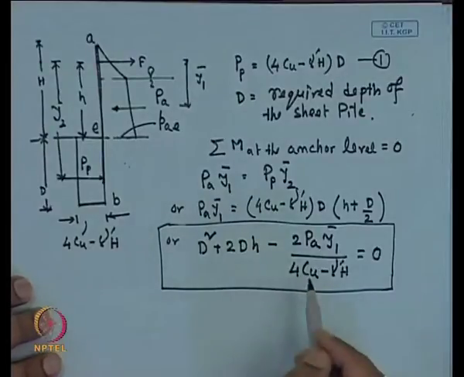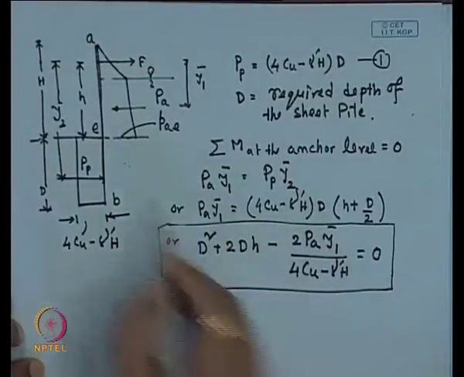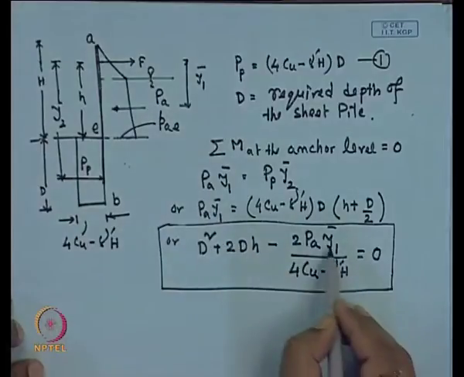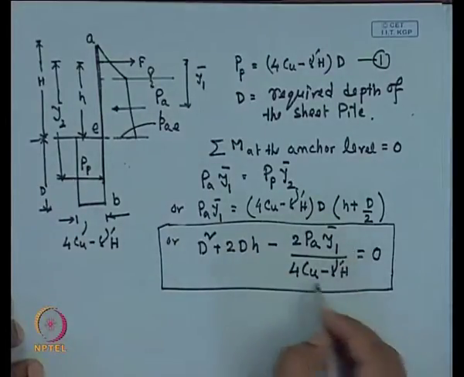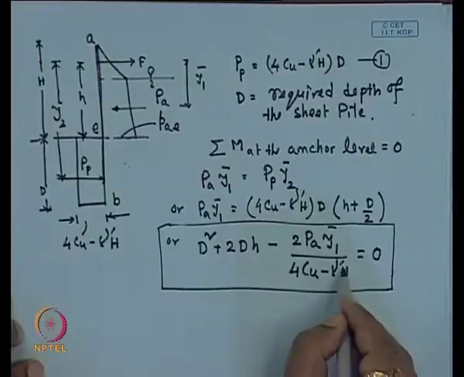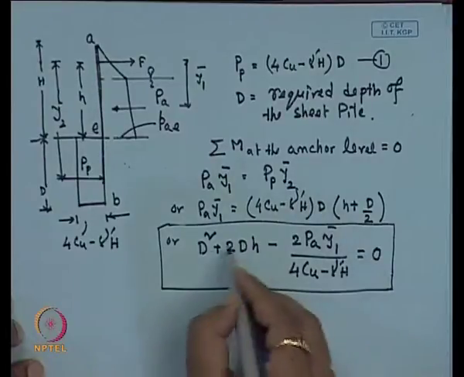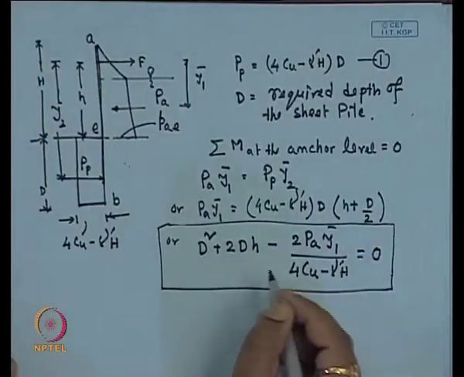where P A we can calculate, which is the total force due to this active pressure. Y 1 bar also we can calculate, C u and gamma are the soil properties, H is known. So, the only unknown is D. So, what you have to do?